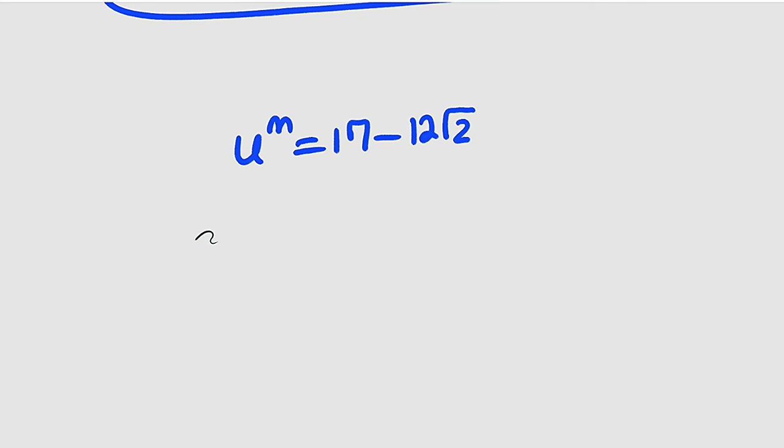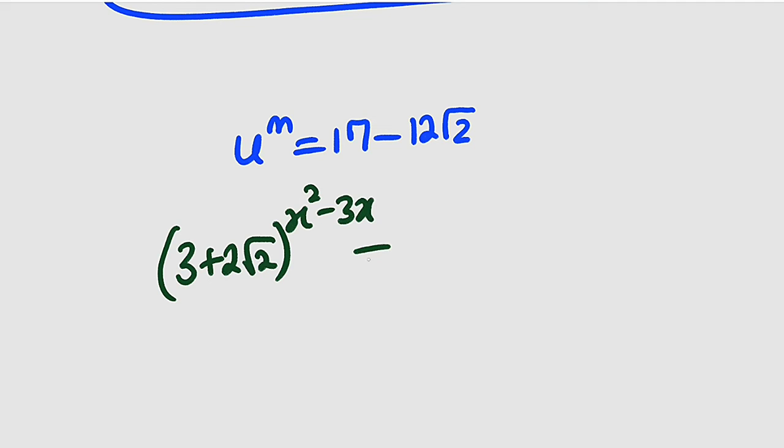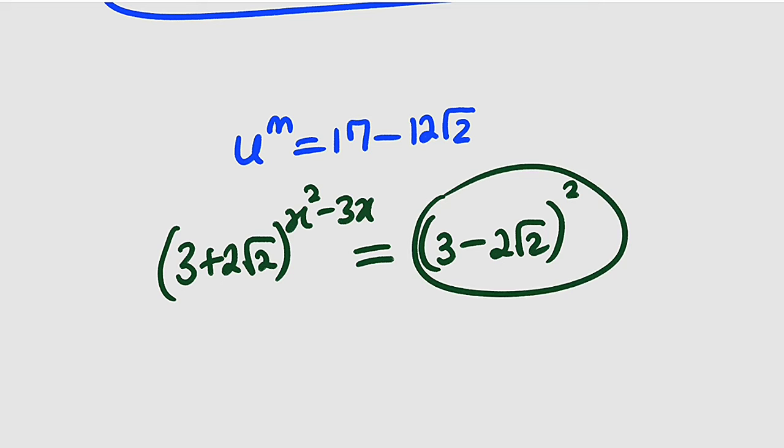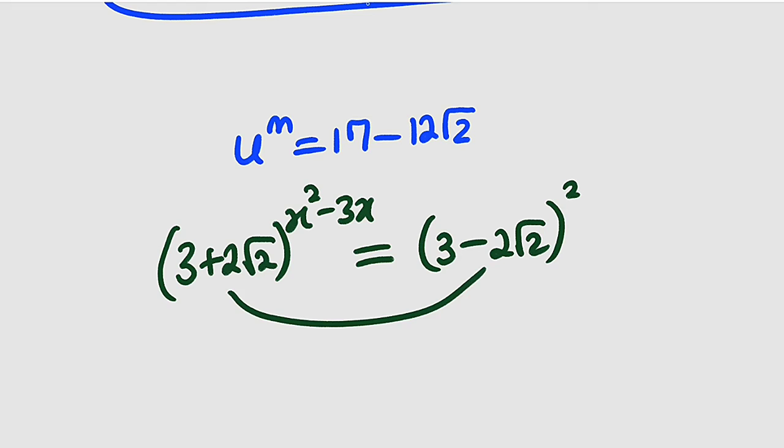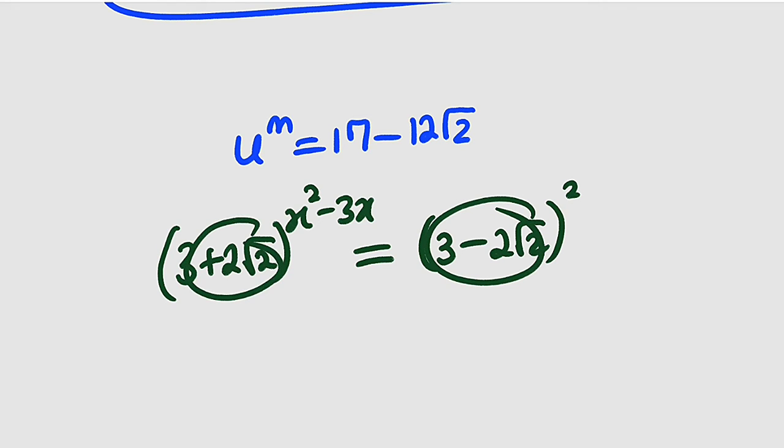So remember that u is 3 plus 2 root 2 raised to the power of m, which is what? x squared minus 3x. This is equal to (3 minus 2 root 2) whole squared. Once you expand this, you're going to get this back. But the bases are not the same, but we have learned that this is a reciprocal of this.